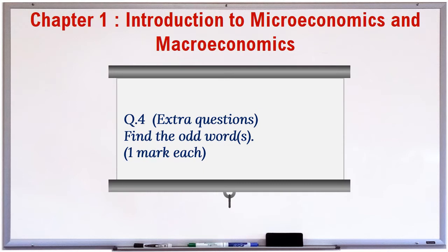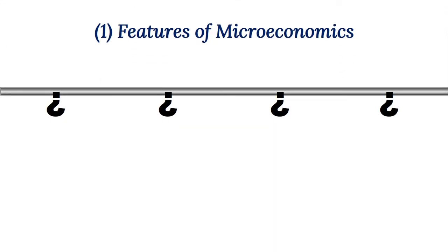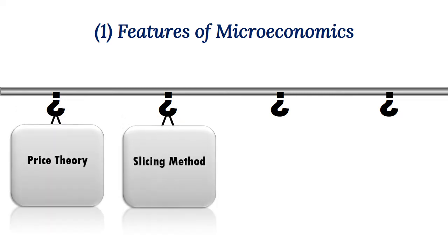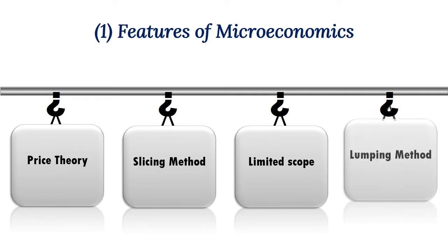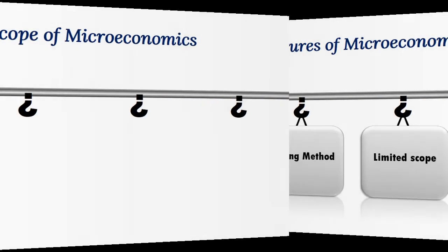Question 4. Extra questions, find the odd word, or words. 1 mark each. 1. Features of microeconomics. Price theory. Slicing method. Limited scope. Lumping method. And the odd word is lumping method. 2.